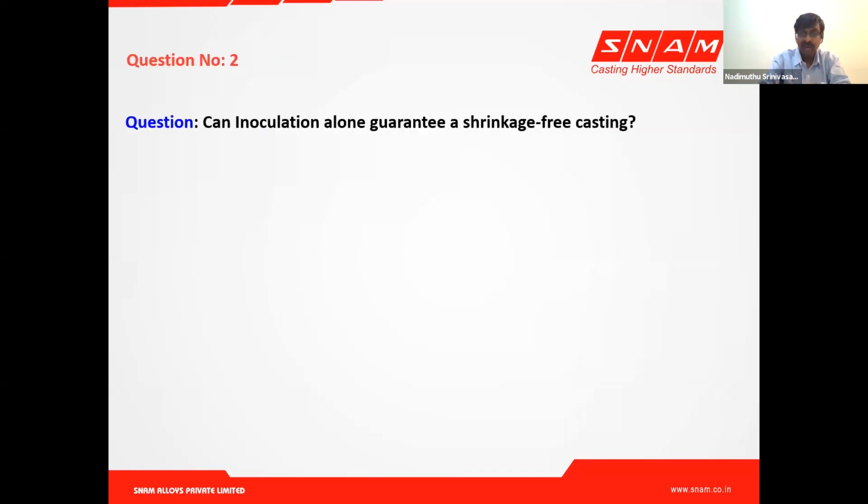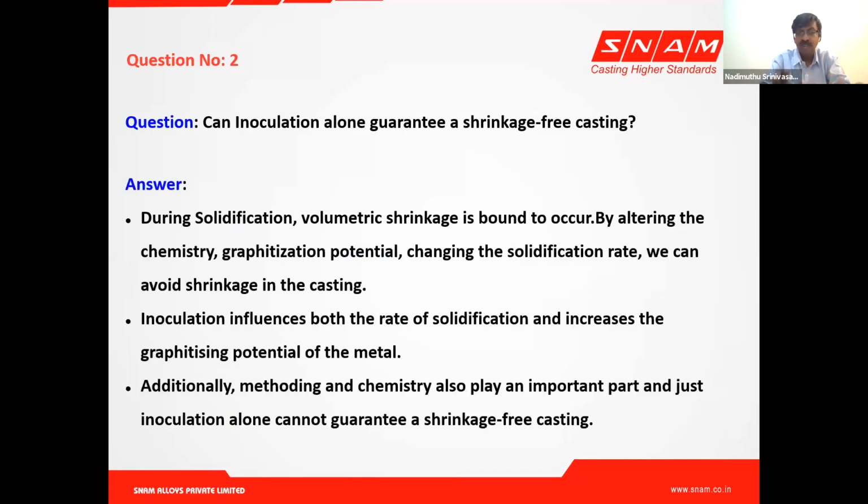Can inoculation alone guarantee a shrinkage-free casting? Something Mr. Manish also addressed. During solidification, volumetric shrinkage is bound to occur because of the austenite contraction. That is why by altering chemistry, the graphitization potential and the solidification rate, we can avoid shrinkage. What does this mean? If you had only carbon, why don't we just melt pig iron and form the casting?